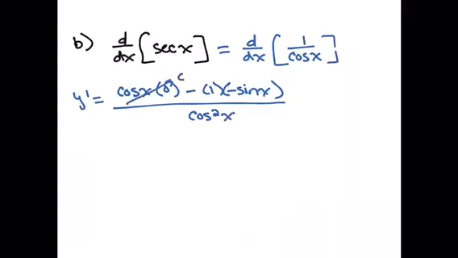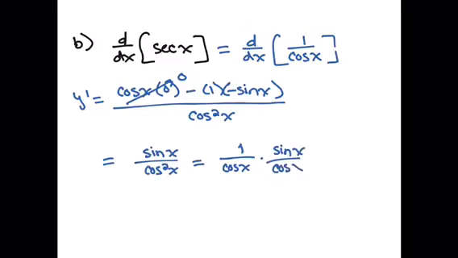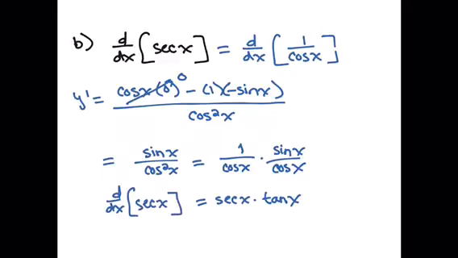So, of course, this first term goes to 0, and we get negative times a negative makes this positive sine x over cosine squared x, which I can rewrite as 1 over cosine x times sine x over cosine x, which would be secant x times tangent x, which is the formula that we get for the derivative of secant x.